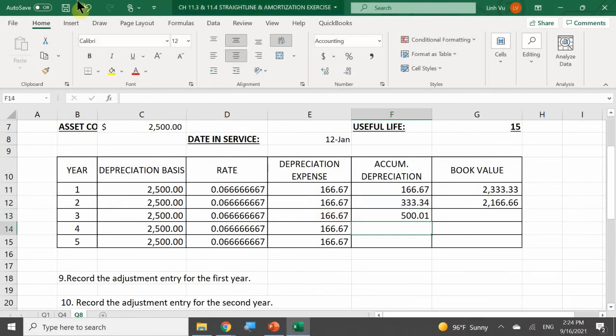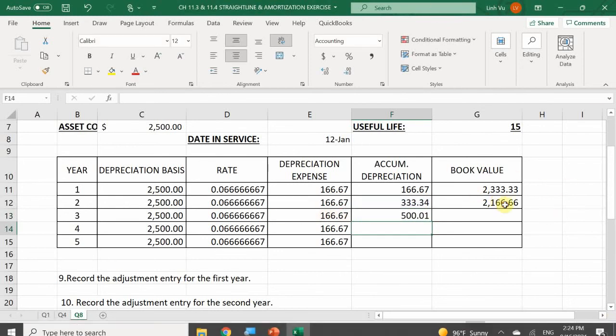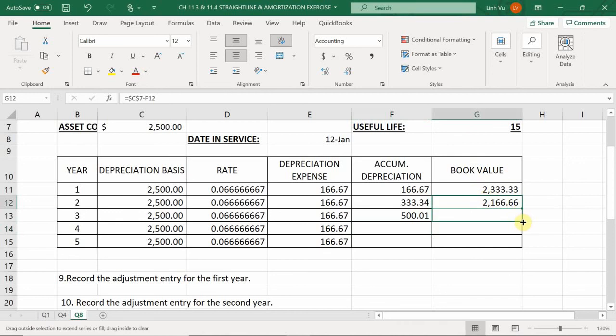501, which brings my book value to be 166.65. Oh no, I did that wrong. Okay.